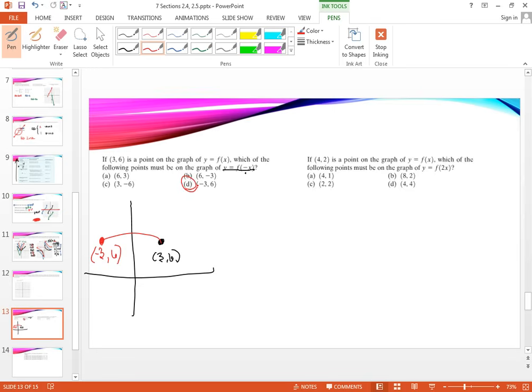All right, try another. Suppose I tell you that this point (4, 2) is sitting on the graph of some function. What happens to that point if I say graph y equals f of 2x? What does that 2 in front of the x do?